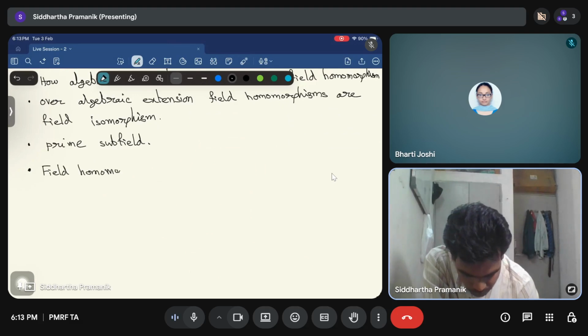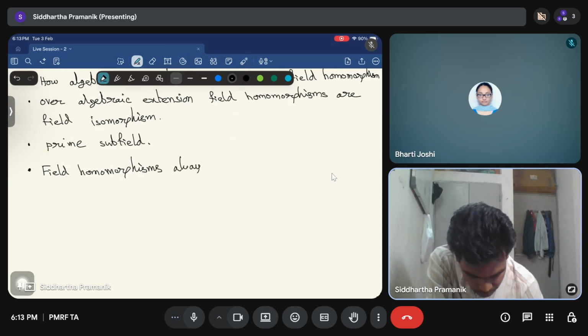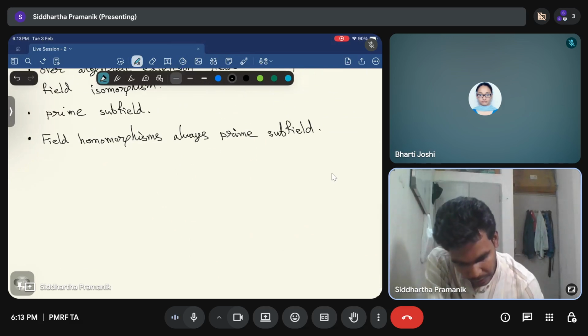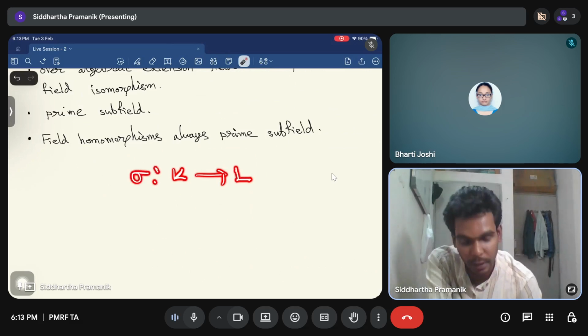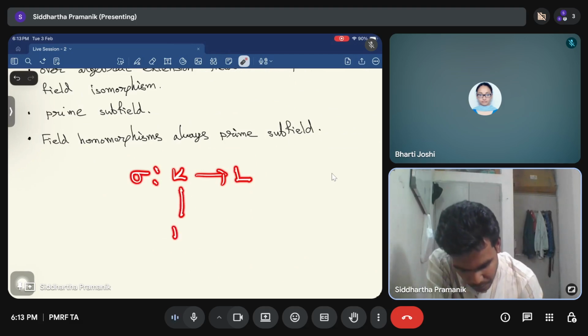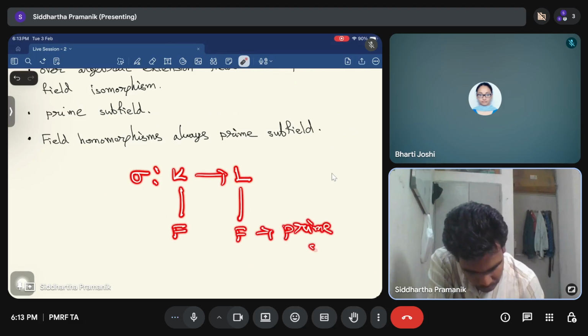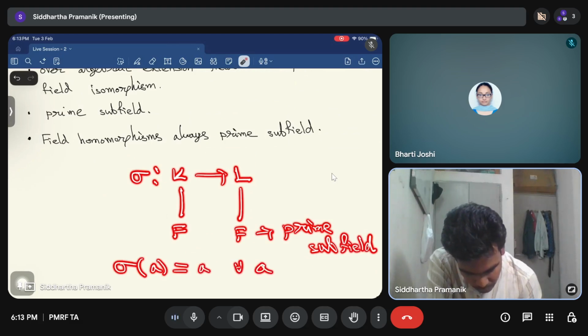So if you take any field K, and a field homomorphism sigma from K to L, then both have the same prime subfield, because both have to be of the same characteristic, and sigma(a) must be a for all a in the prime subfield.